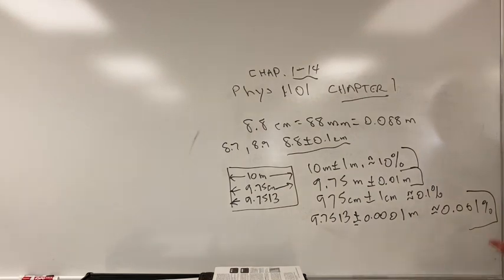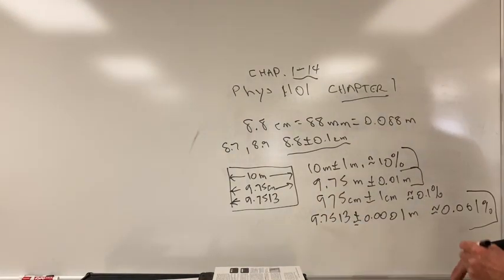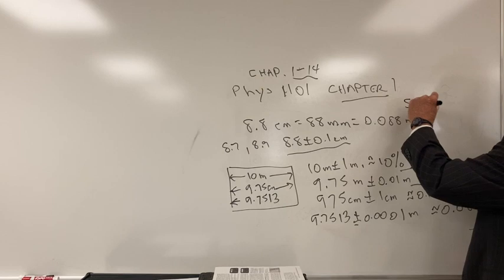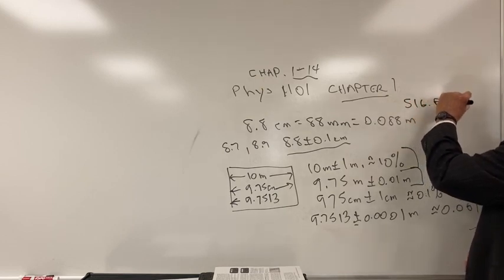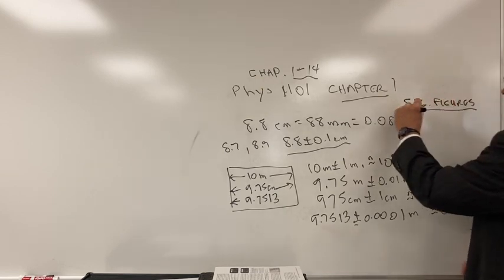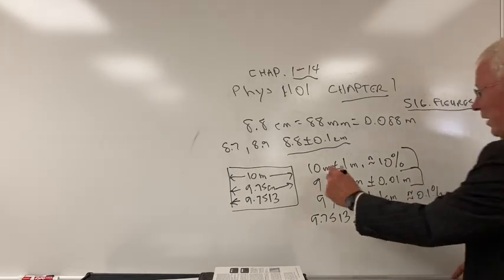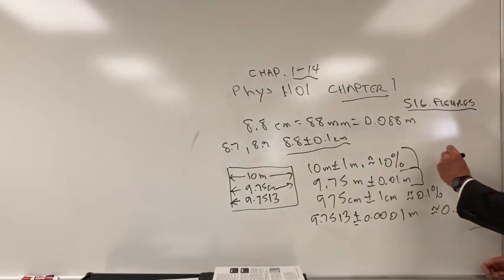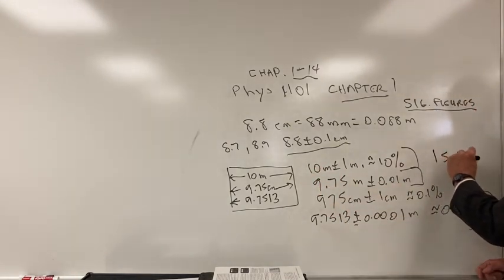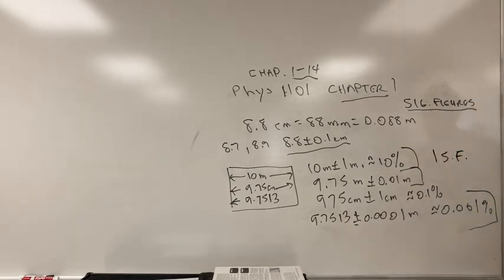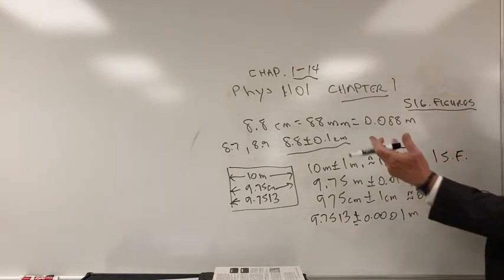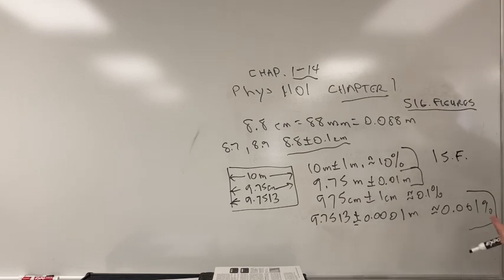So if we look at this, we could look at what we call significant figures. In this case, the accuracy gives us how accurate a number is. So for the first one, 10 plus or minus 1, this is what we call 1 sig fig, because it's 10, so it's about 10, 1 significant figure.